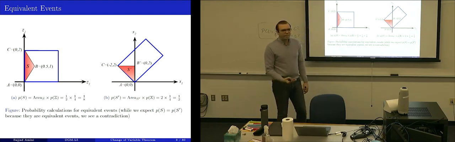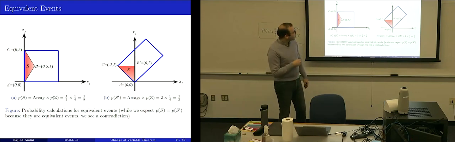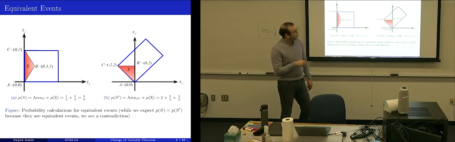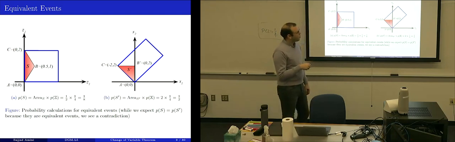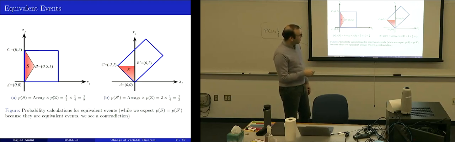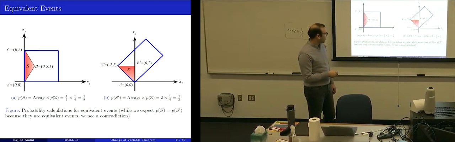It seems that we have a contradiction. Why? Because these two events are equivalent. It means that I transform each point of the original space into the x space, so I expect that the probability of S and the probability of S prime are equal. But the result is completely different.